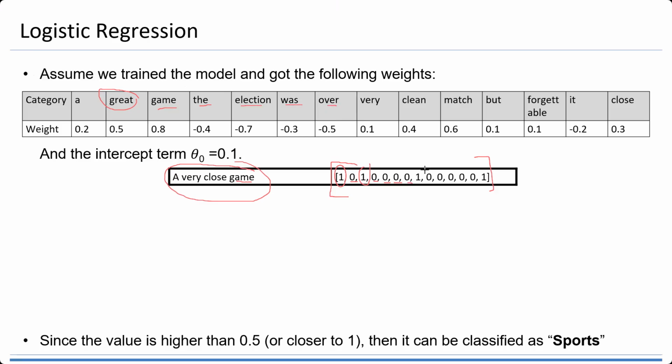This is the word very, there is 1. And 0, 0. Close. Okay, we have 1. So if there is the word, then we put as 1. If there is no word, we put as 0.